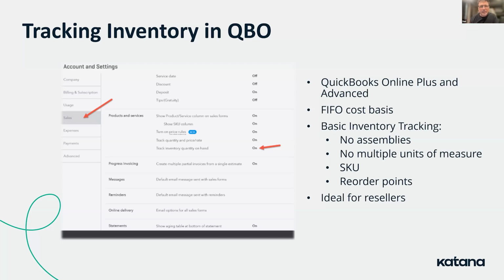That's the trend I'm seeing: an individual that needs a little more to manage their inventory. Otherwise, they're like that person with their hands up in the air: I've got all these raw materials and I don't know what I've spent on them, and now I've got to account for them in some way. Yeah, I totally agree with that.